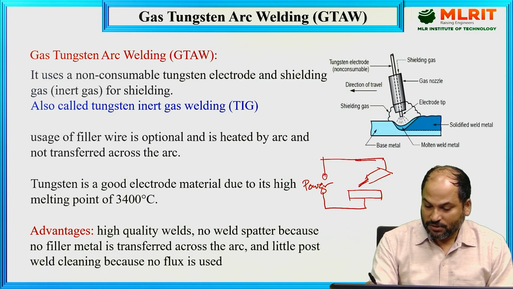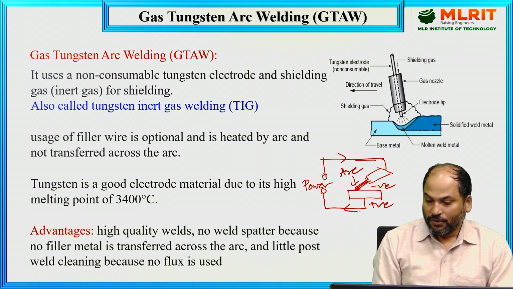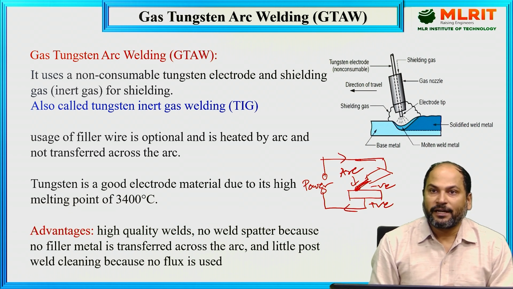Then the arc will be generated. The workpiece is at positive terminal and the electrode is at negative terminal, and current flows through this. So this is how the circuit is.